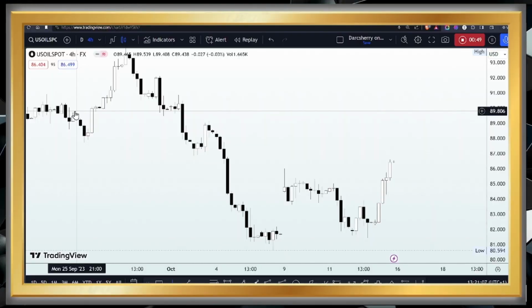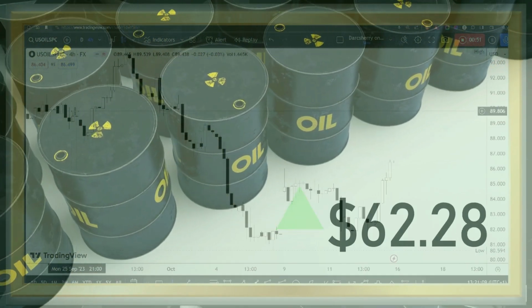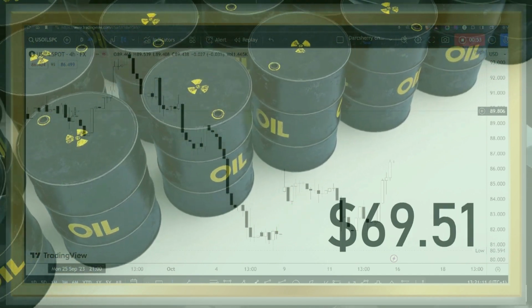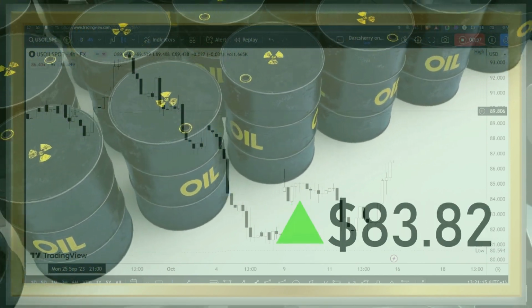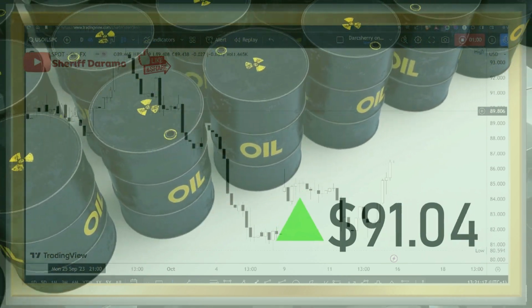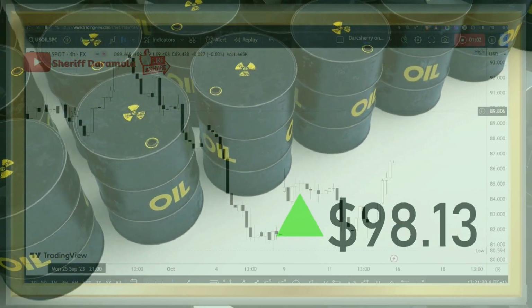The second crucial factor lies in the anticipation of Wednesday's update on US crude stockpiles, a report that promises significant insight into the market's direction.